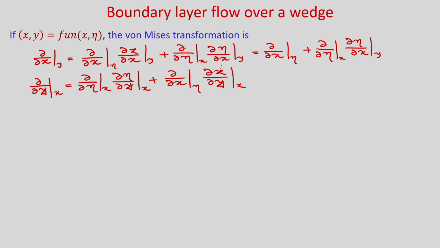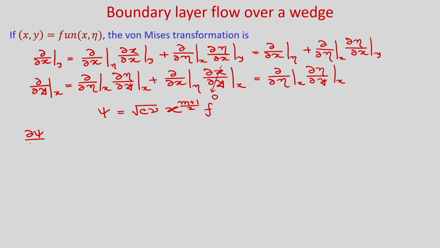So, this simplifies to del of del eta at constant x times del eta by del y at constant x. And we have already written psi as root c nu x to the power m plus 1 by 2 f, where f is a function of eta. So, now we can write, using the von Mises transformation, del psi by del x.